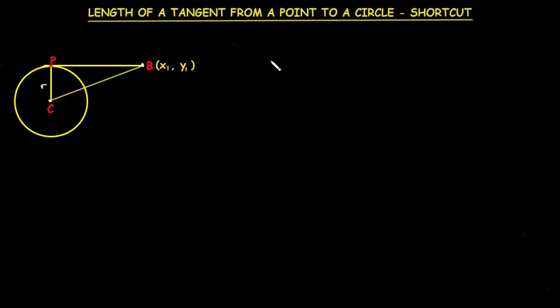So let's begin. Given the equation of the circle x squared plus y squared plus 2gx plus 2fy plus c equals 0, and the point x1, y1, to find the length of the tangent, let's say LT, simply substitute the point into the given equation, then you take the square root.